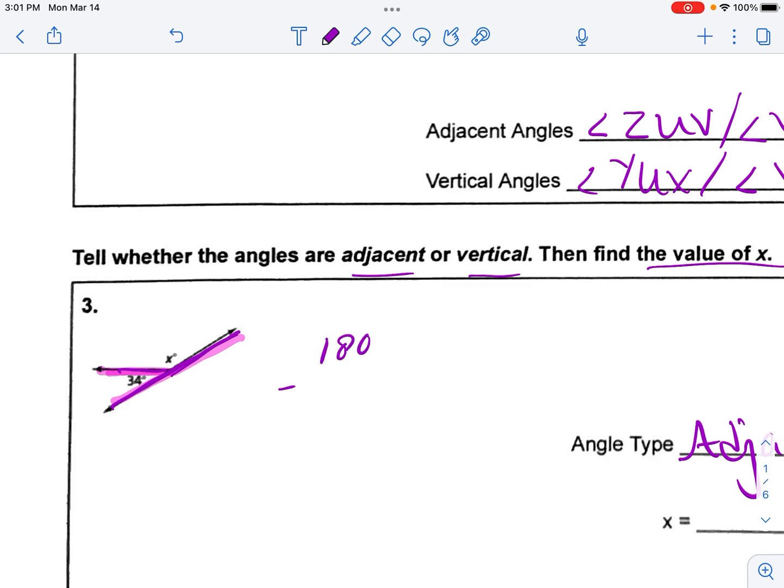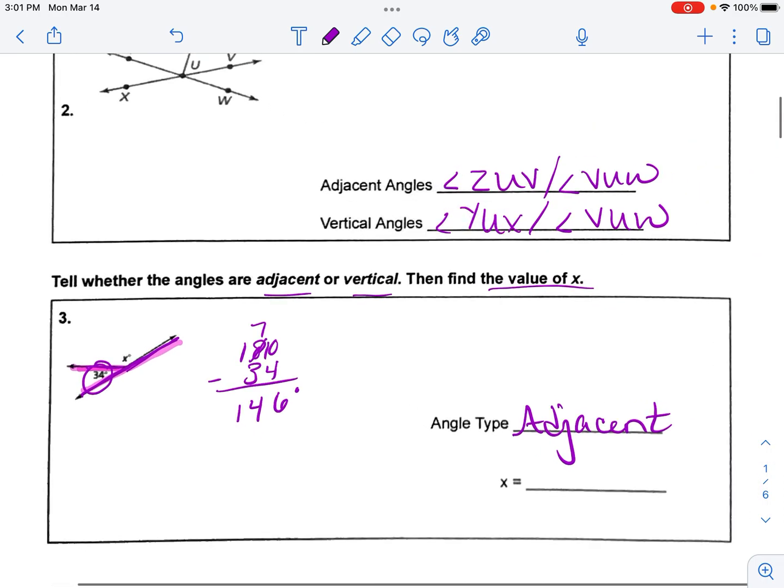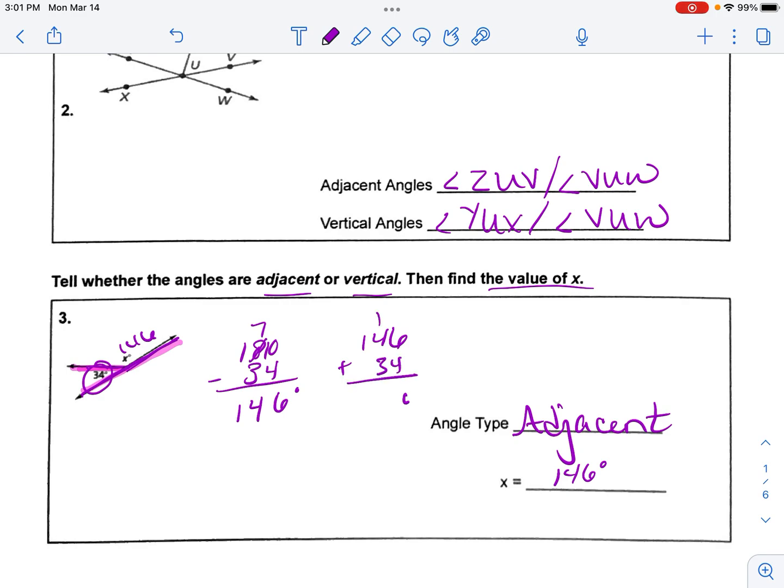So to find x, we need to subtract 34, the angle that we do know, in order to find the missing measure. So x would be 146 degrees. Okay, you can always check by doing 146 plus the 34 and making sure it's that 180 straight line.